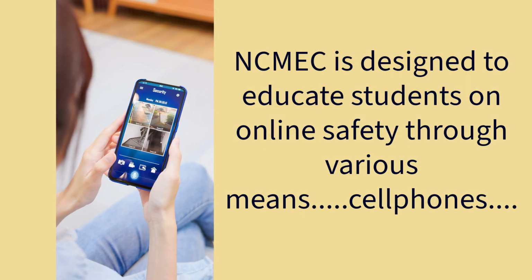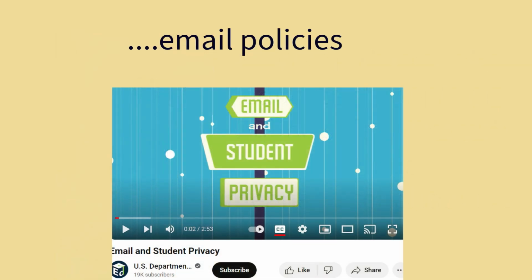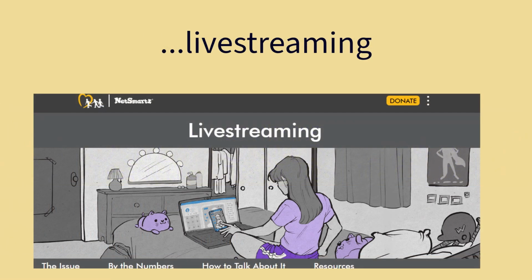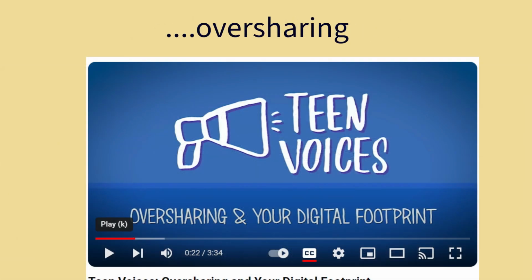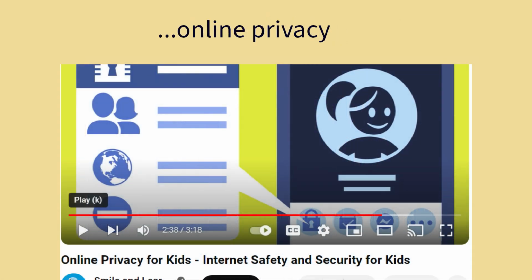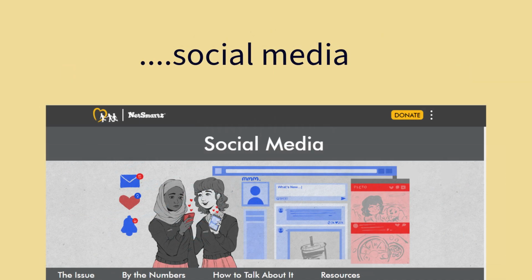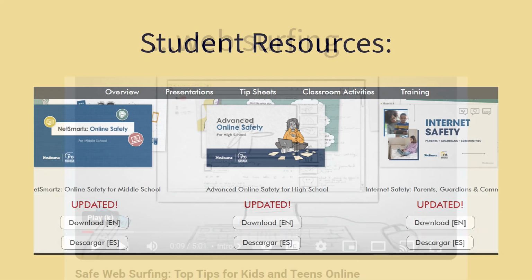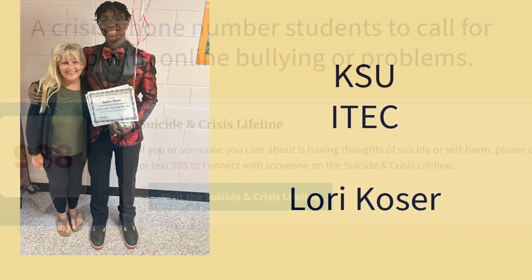NCMEC is designed to educate students on online safety through various means, such as cell phones, email policies, internet safety tips, live streaming, online enticement, oversharing, online privacy, smartphones, social media, and web surfing. There is a crisis phone number and many resources to help students in need.